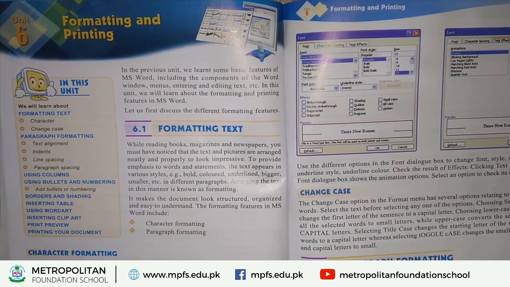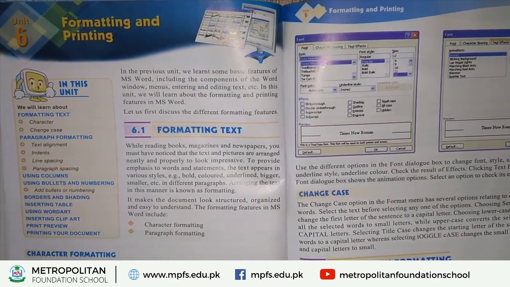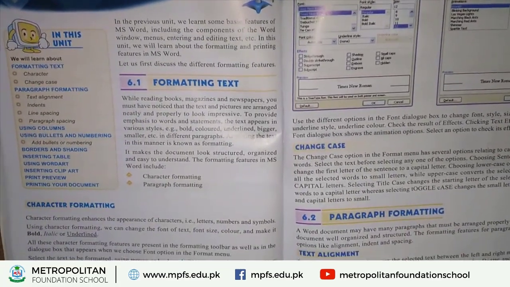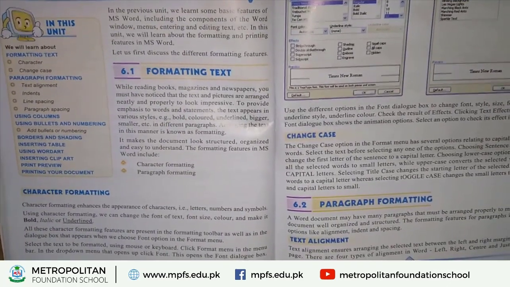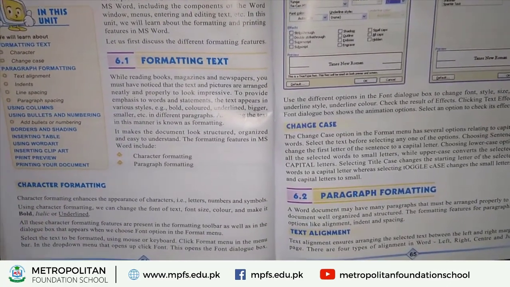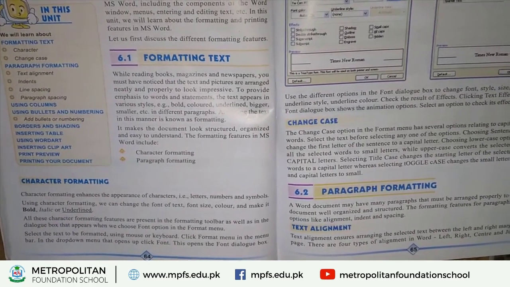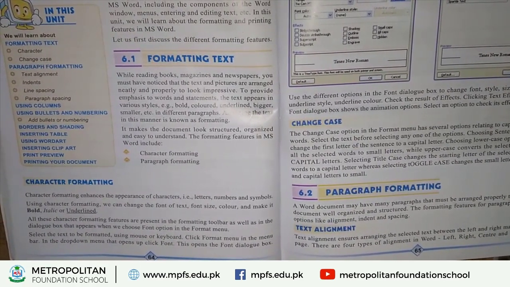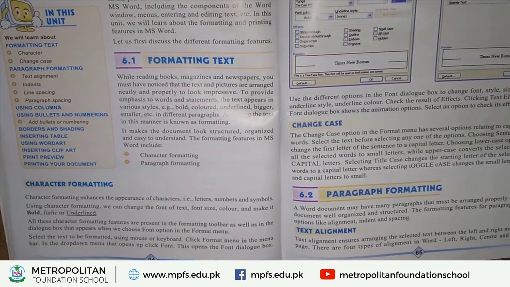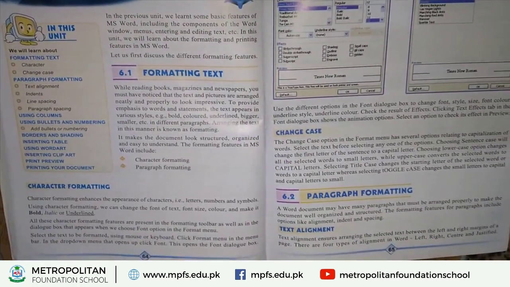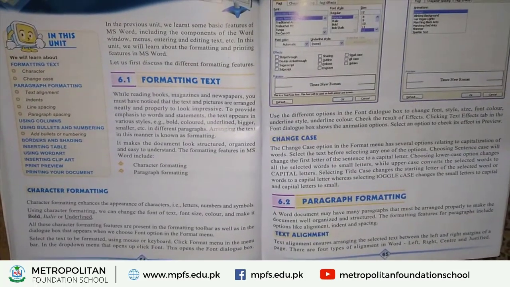In MS Word, we describe character formatting and paragraph formatting. While reading books, magazines and newspapers, you must have noticed that the text and pictures are arranged neatly and properly to look impressive.